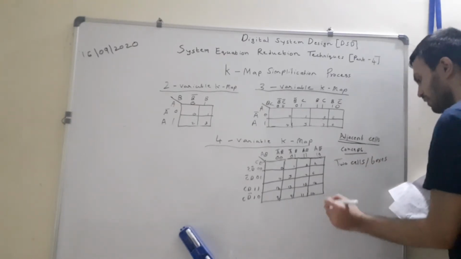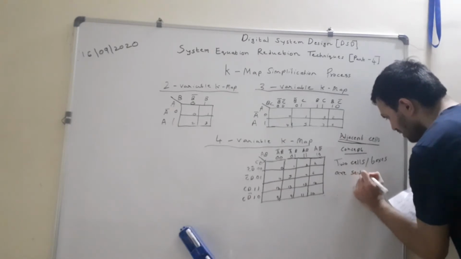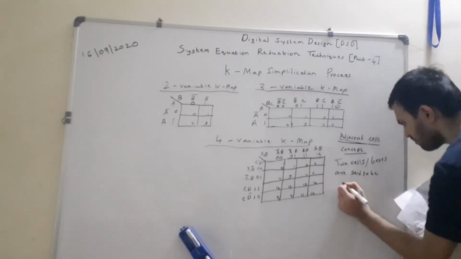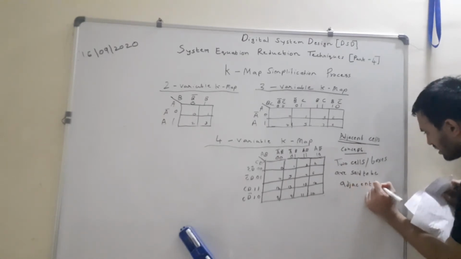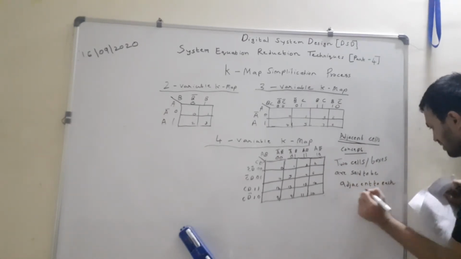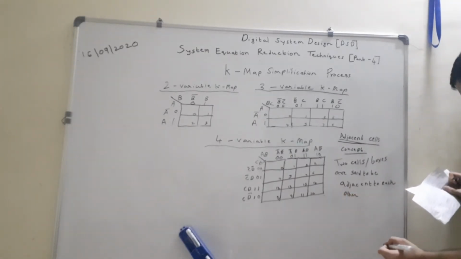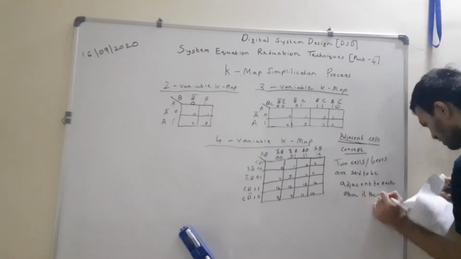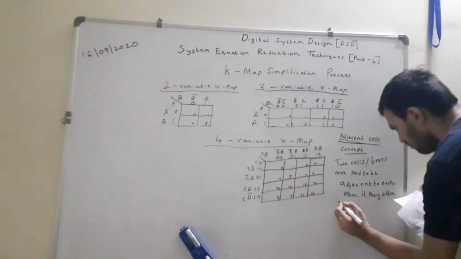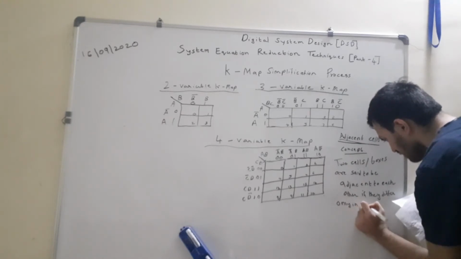Two cells or boxes are said to be adjacent to each other if they differ in only one input variable.